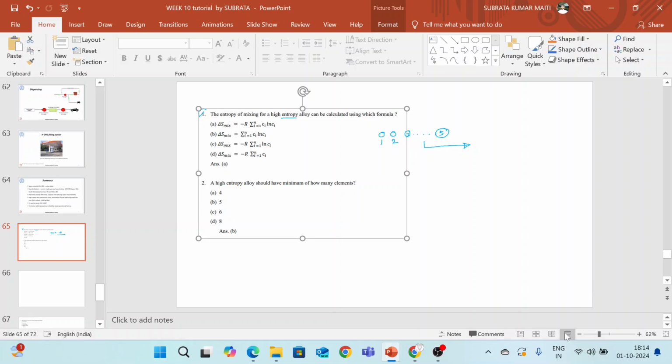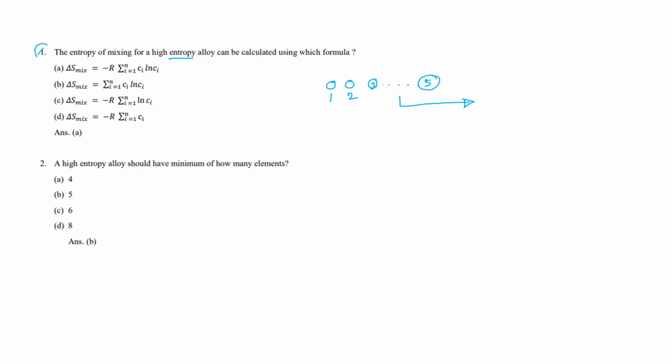Why is the mixing done? Just to make sure that entropy will be higher. Why will the entropy be higher? In the last class, one of you asked me why we prefer higher entropy.